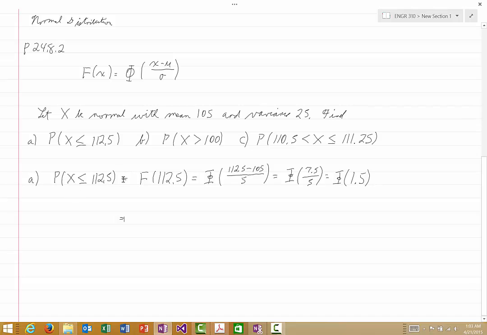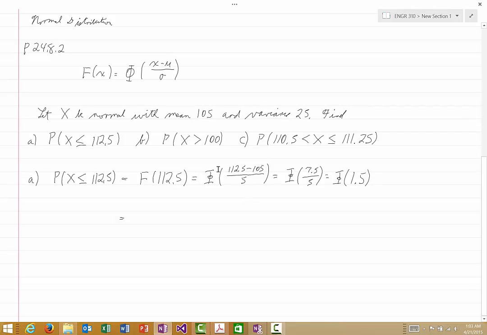So this is just using the definition of capital F. And now, in getting from this part to here, we use the definition of phi. So capital F of 112.5 is little phi of 112.5 minus mu, and we're given that the mean is 105. So for this mu here, we stick in 105.